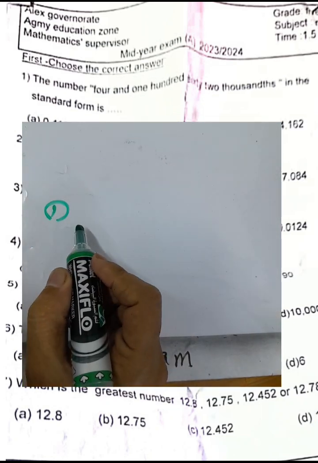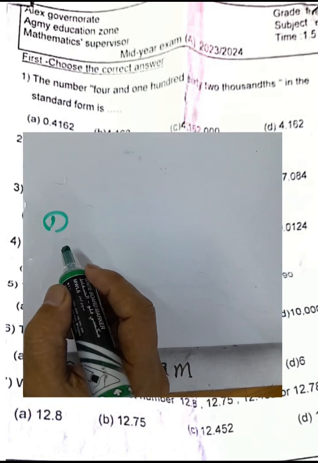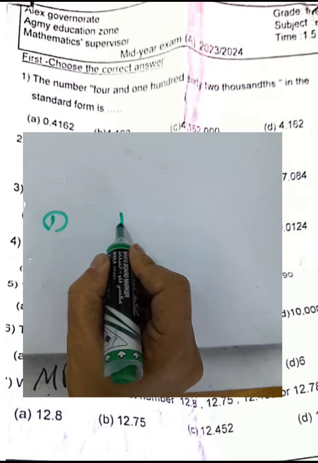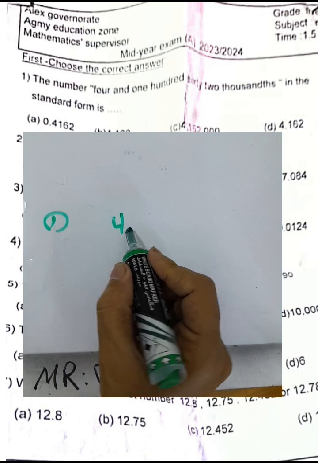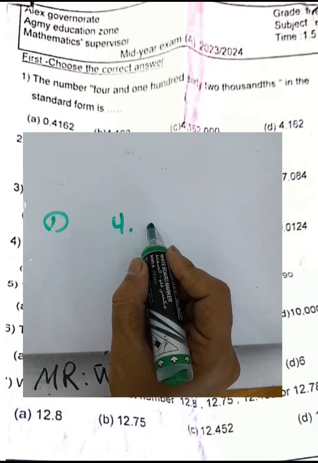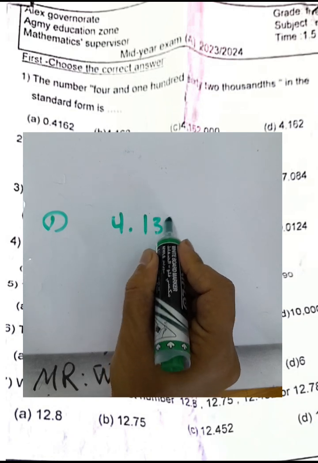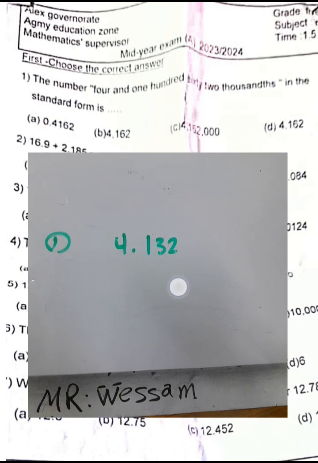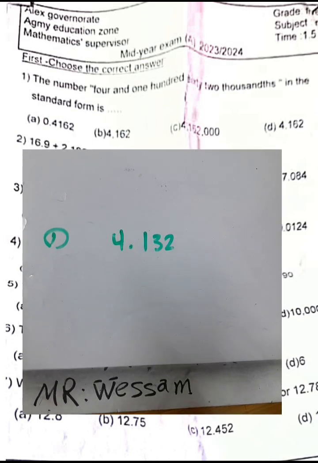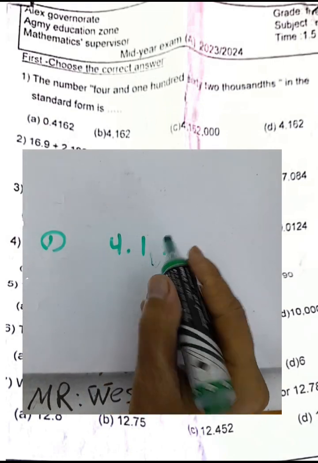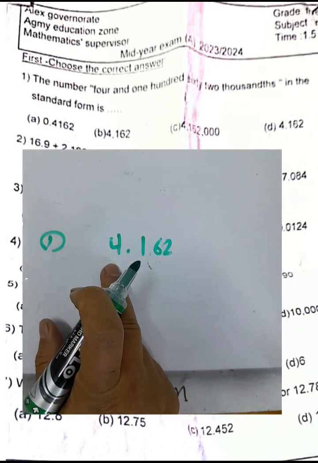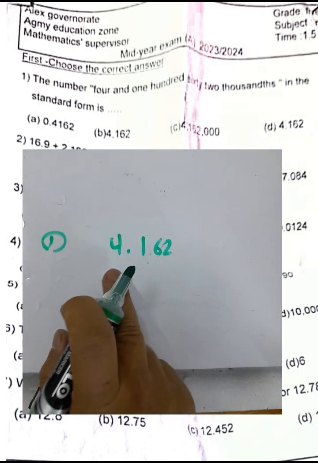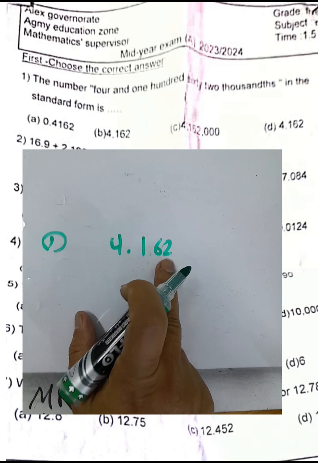We have the number 4 and 132 thousandths. Okay, again 4 and 162 thousandths.